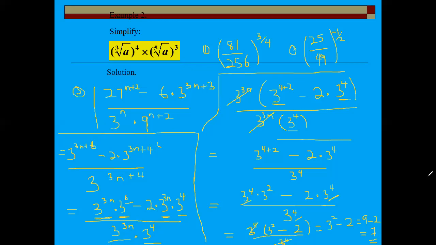Now, my question is, how come we got 3 raised to the power 1? 6 is the same as 2 times 3. 2 times 3 is 6. So 3 is already raised to the power 1. Oh, okay. Thank you, sir. You're welcome.